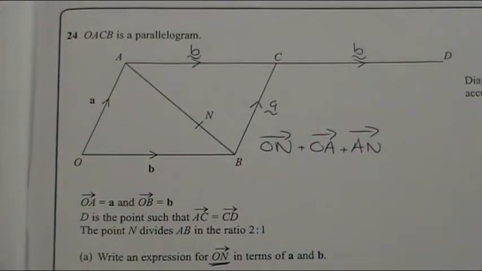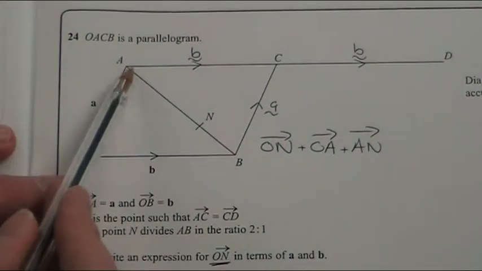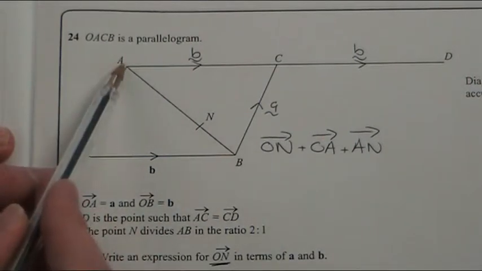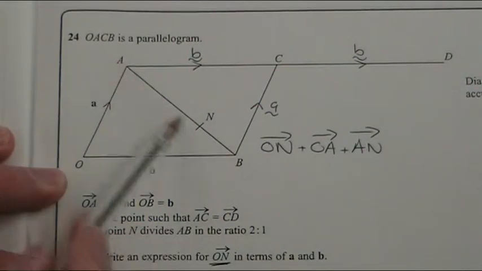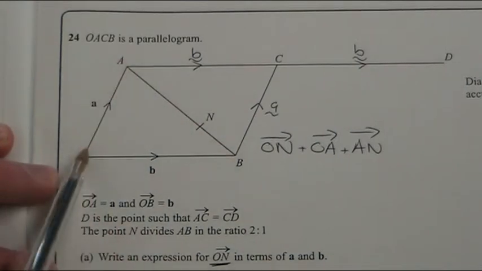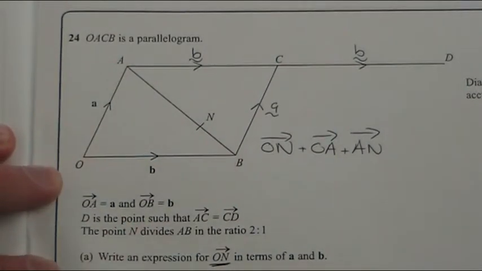And you're right, there isn't, but I can write an expression by getting from A to B, not this way, but in a different way, using the vectors given in the question.